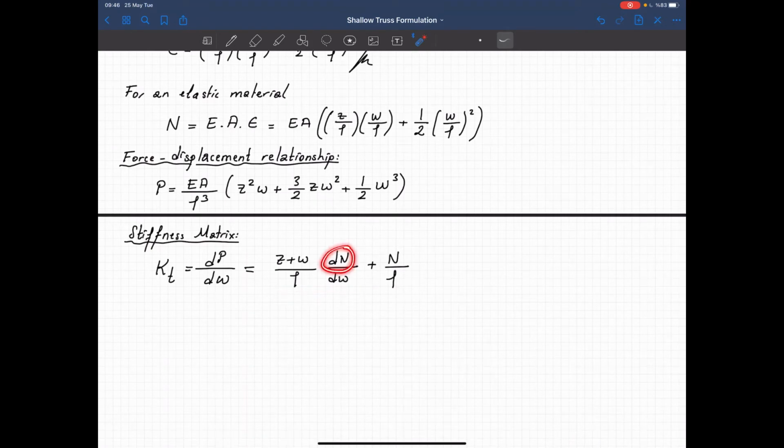Now I know what dN is equal to. It's this expression. I can take the derivative with respect to W. And from there, I obtain my tangent stiffness matrix as follows.